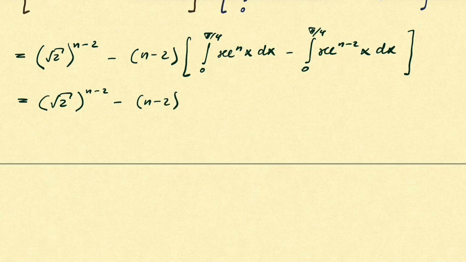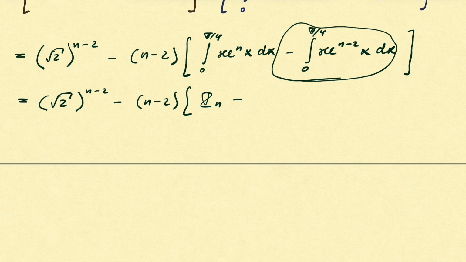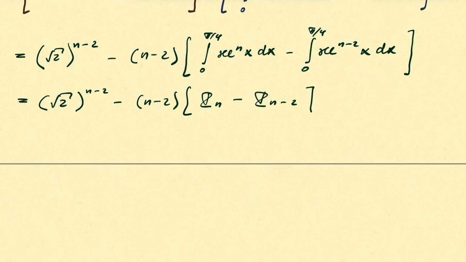It's n minus 2 times, well, what we have is itself indeed I sub n minus 2, right? I sub n minus 2. Yeah, that's it.